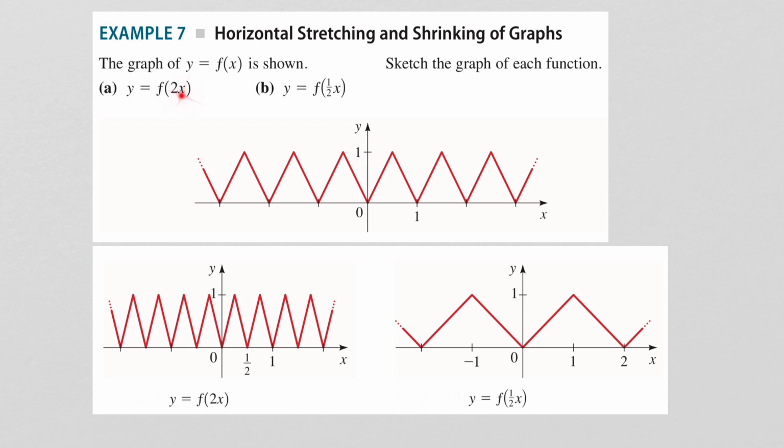So again, we're multiplying x by 2. 2 is a number bigger than 1, and so this is going to shrink the graph horizontally by a factor of 1 over 2. So the result is you're going to get a sawtooth where each tooth of that saw is now happening in a distance of 1/2 instead of a distance of 1.